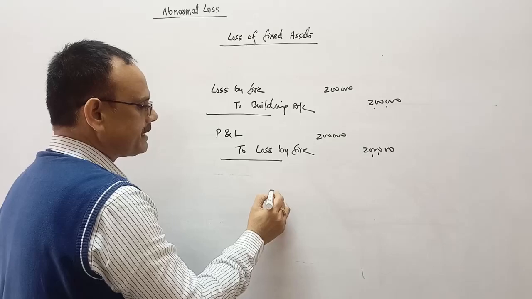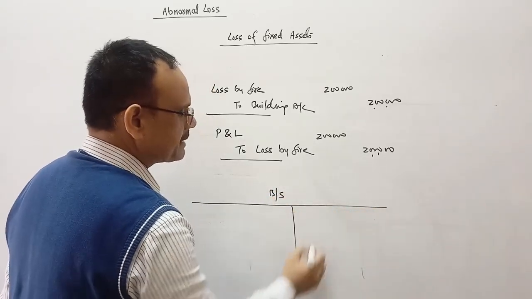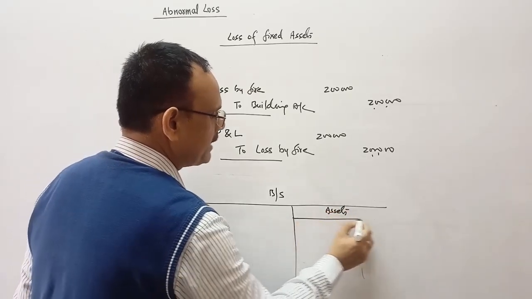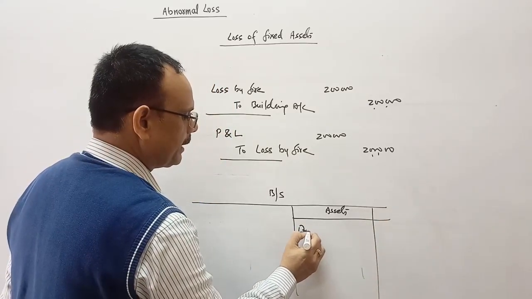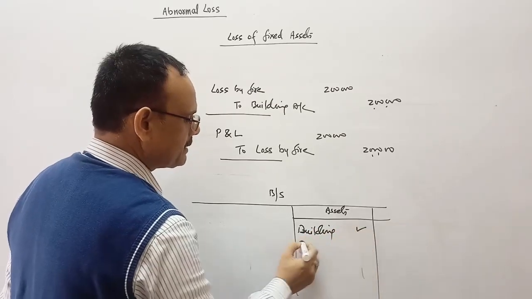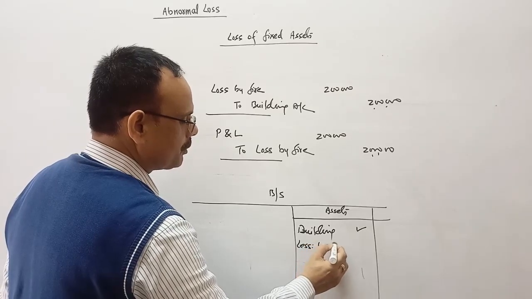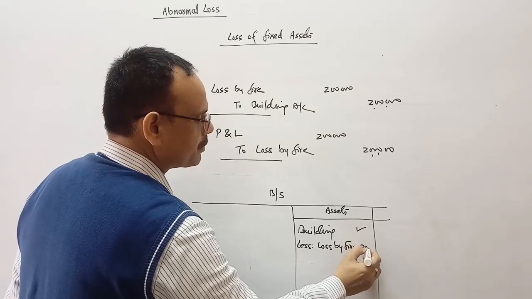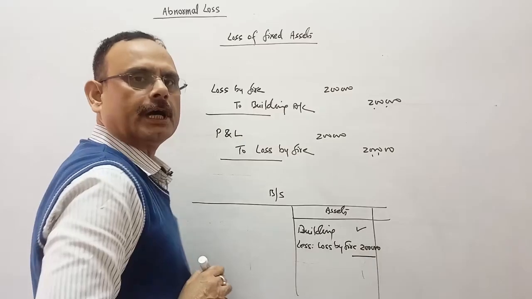And in the balance sheet, on the asset side, you write the amount of building in the inner column which is given in the trial balance and deduct loss by fire, 2 lakhs, and write the amount in the outer column.